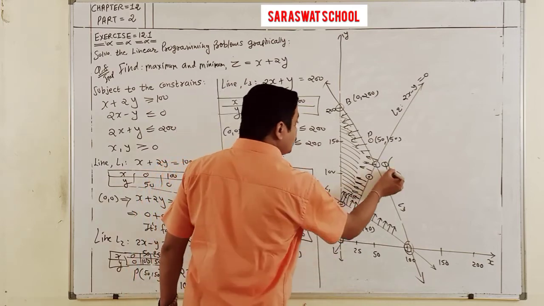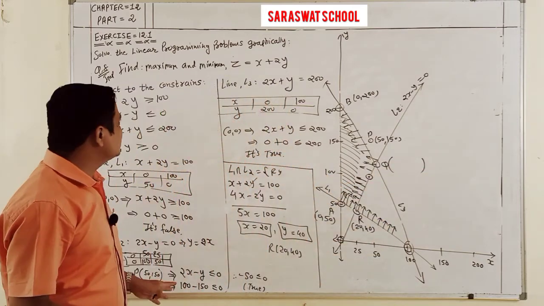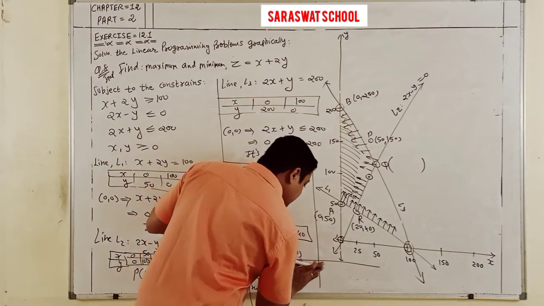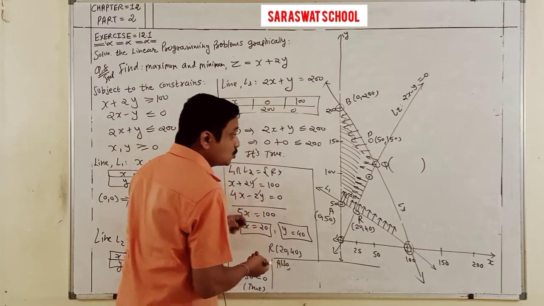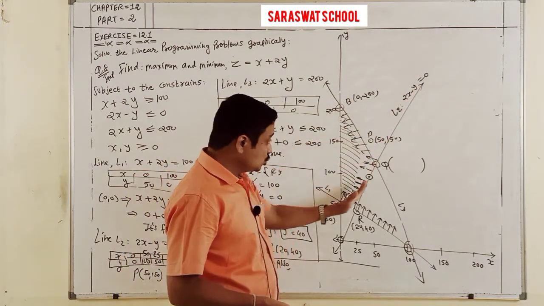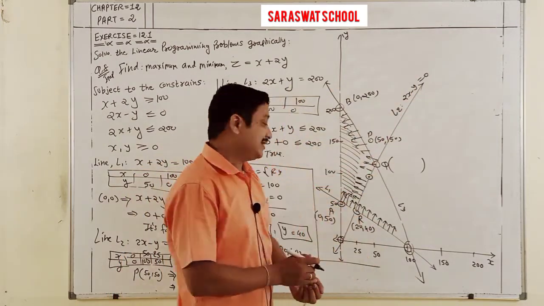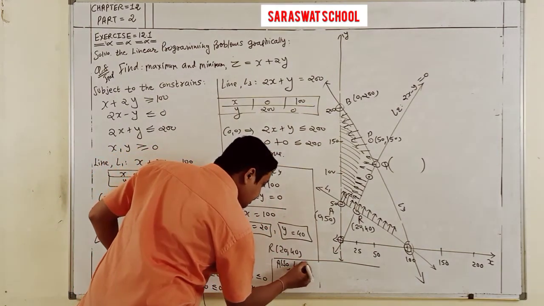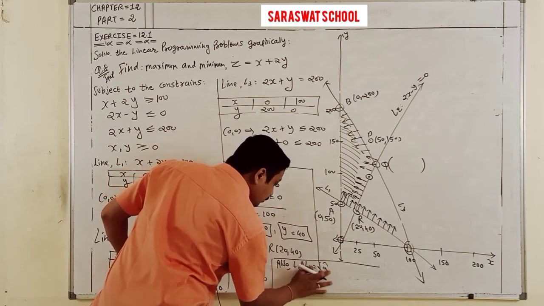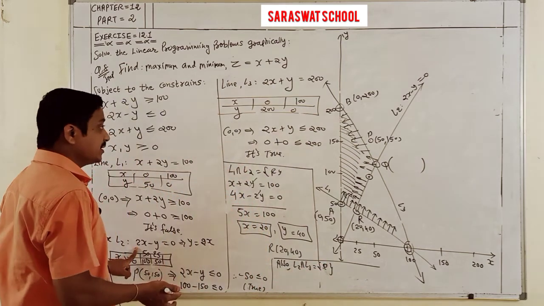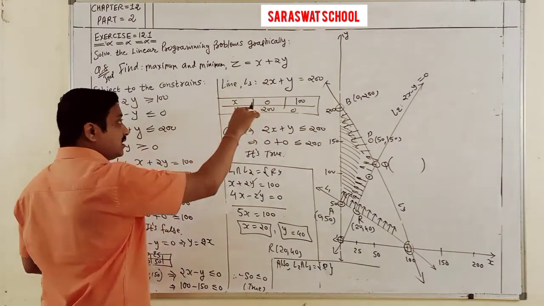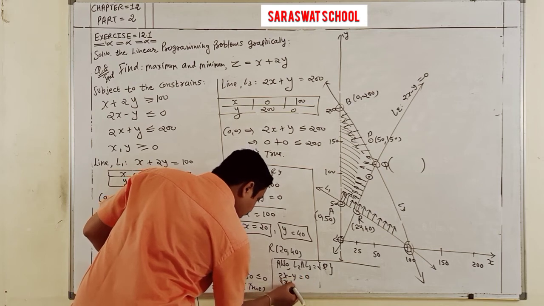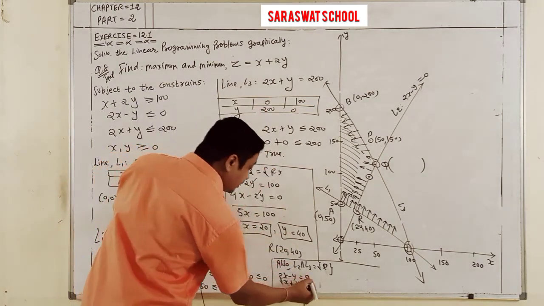Now define Q, and Q is also found by elimination, same as before. Students, I will go to elimination in the next part. Also for point Q, L2 and L3, meaning this L2, that L3, the intersection of L2 and L3 is point Q. So this 2x minus y, and here 2x plus y, it's very easy cancellation, that 2x minus y is equal to 0 and 2x plus y is equal to 200.